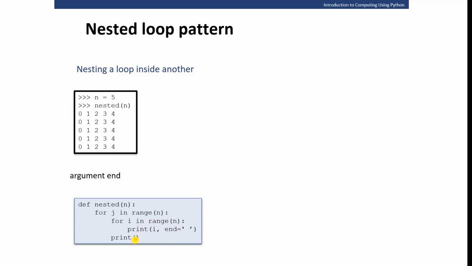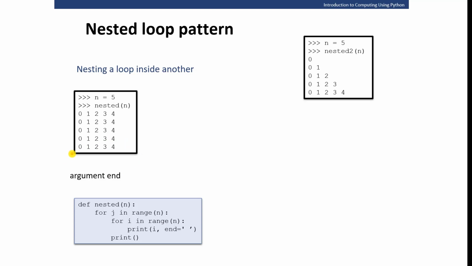When it's done, I'm going to open a new line, and then the value of j will equal 1. Then I'm going to repeat the same thing again. Then the value of j will equal 2, and I'm going to print the third line. The value of j will equal 3, I'm going to print the fourth line. The value of j will equal 4, I'm going to print the fifth line, and that's it.